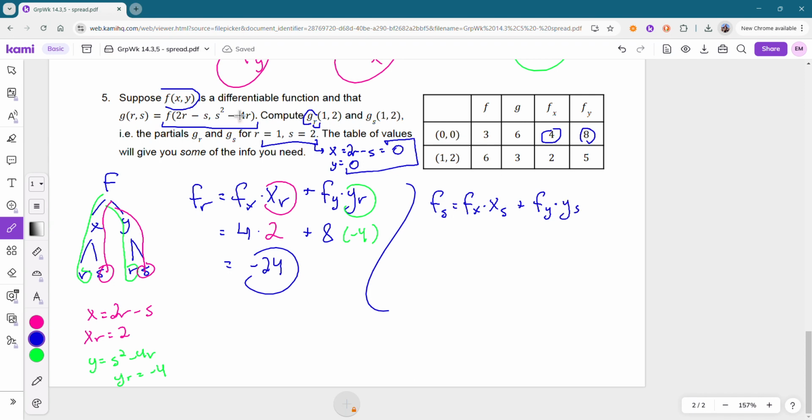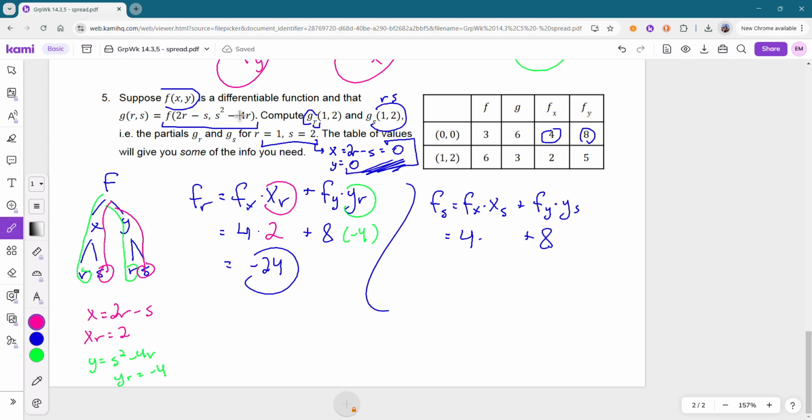And once again, we can just find this information and feed it in. We're still evaluating at r and s being 1 and 2, and so x and y are still 0, 0, and so our fx and fy values from before are the same, 4 and 8.